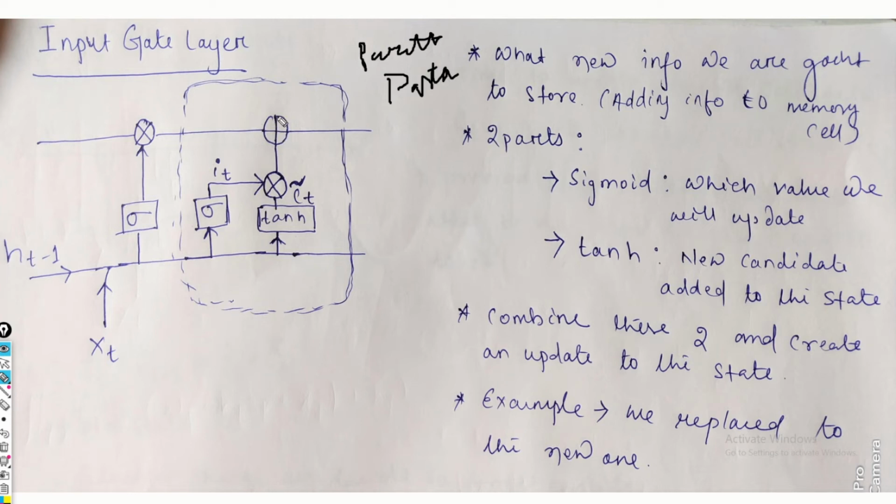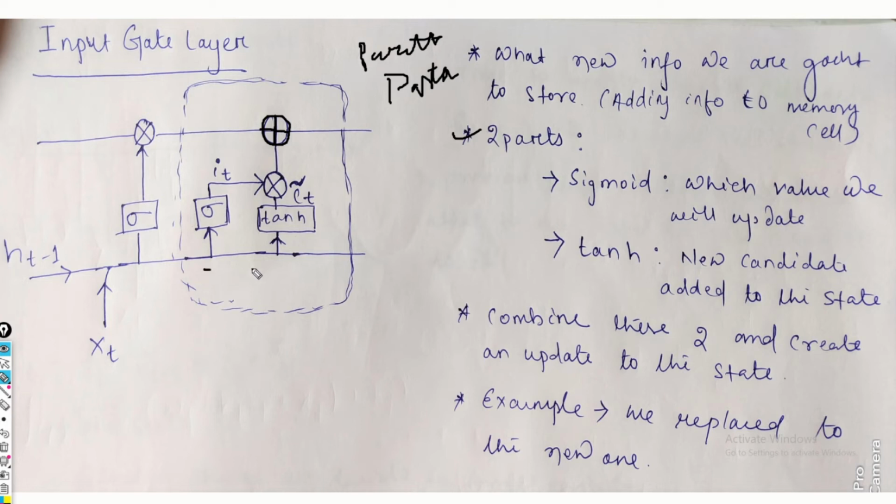So how will it work? Whatever new information comes, it does the addition operation. The memory cell was doing the multiplication operation, while here it is doing the addition operation. It has two parts.